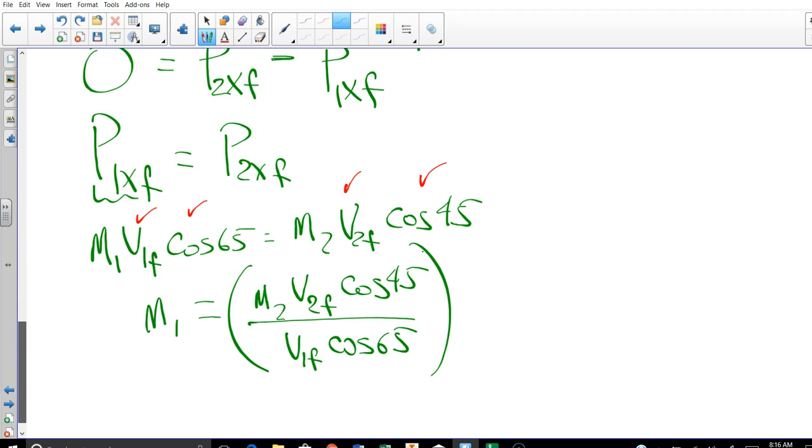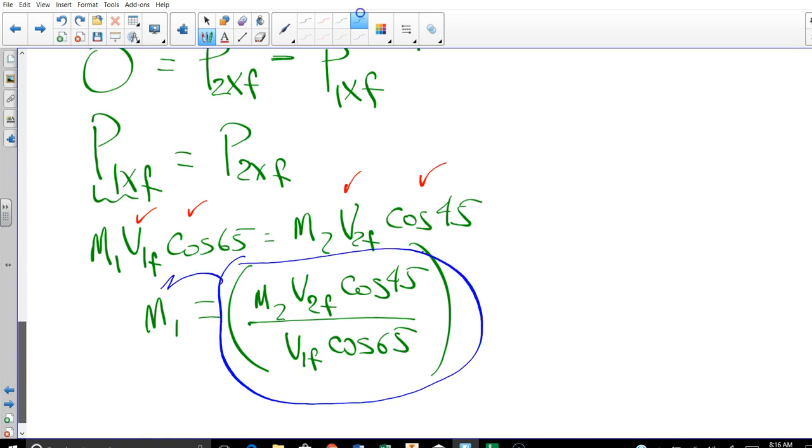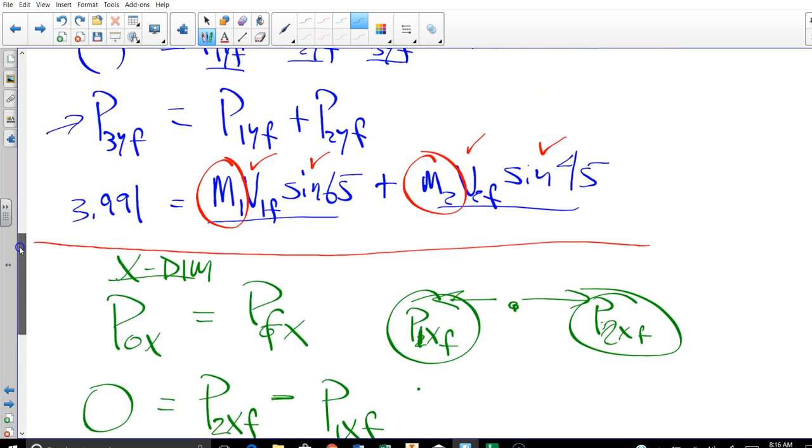The reason I've done that is because I can take this expression, since it is equal to M1, and replace M1 with it right here. And from that, the only thing I'll miss is M2.